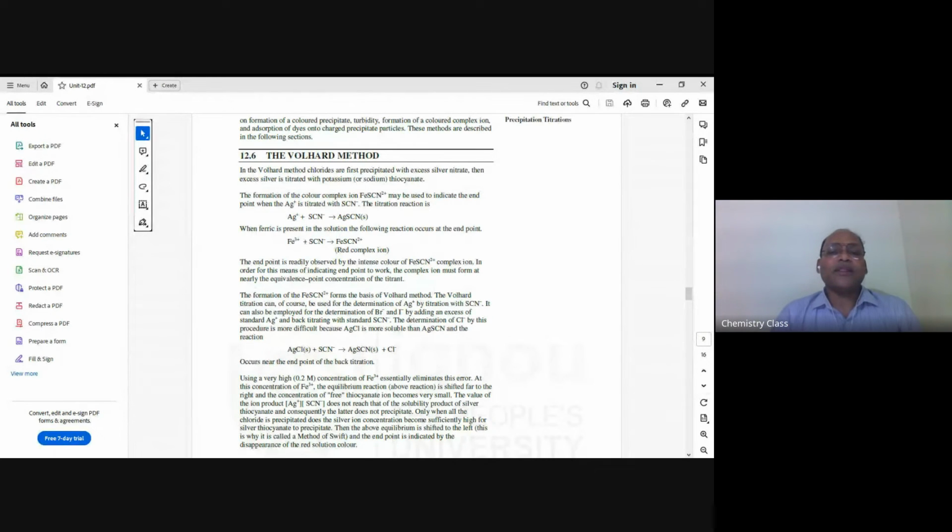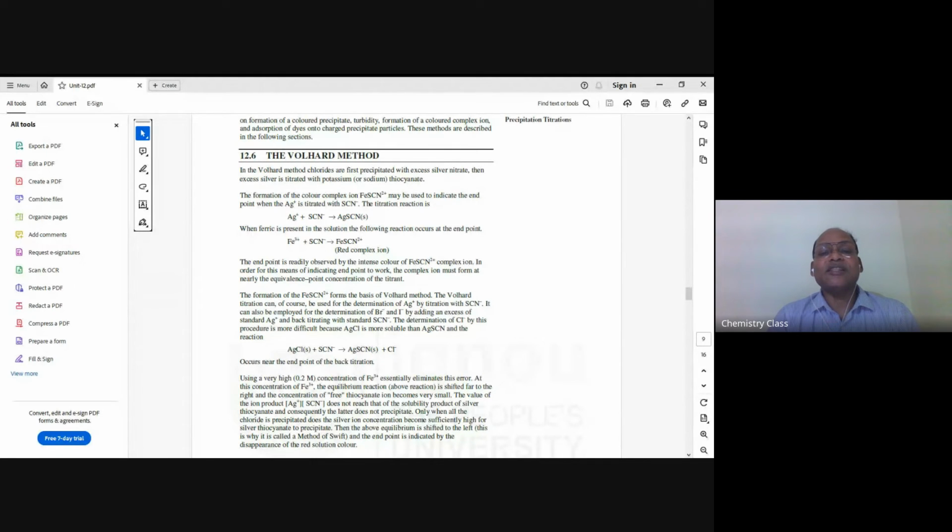In the Volhard method, chloride is first precipitated with excess silver nitrate. Then the excess silver is titrated with potassium thiocyanate. The formation of the colored complex ion FeSCN2+ may be used to indicate the endpoint.